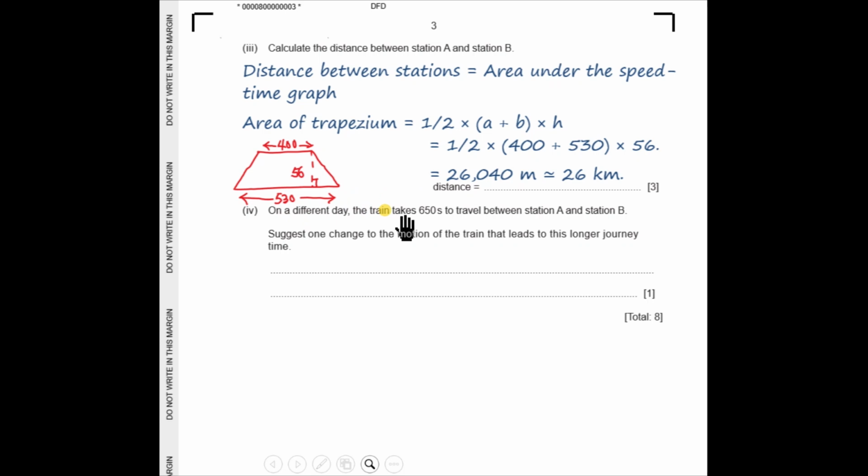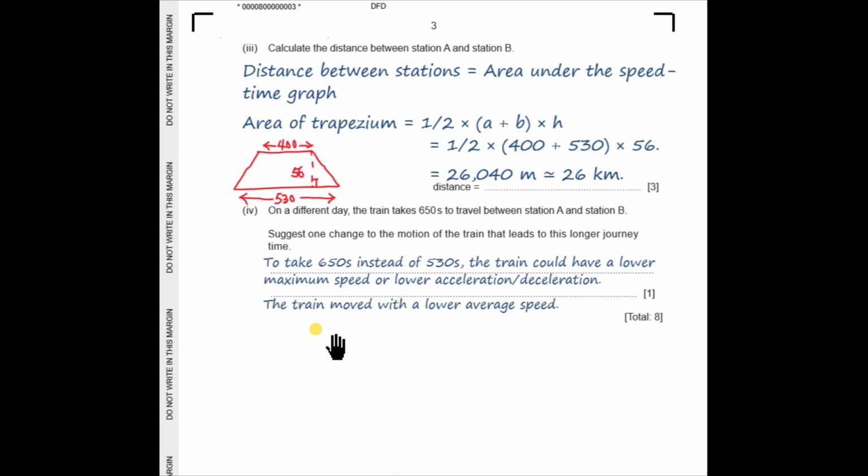On a different day, the train takes 650 seconds to travel between station A and B. Suggest one change to the motion of the train that led to this longer journey time. But on this particular journey that is illustrated in this graph, the entire journey took 530 seconds.